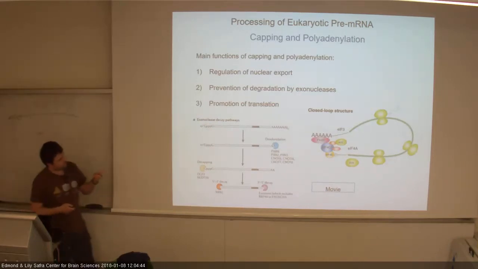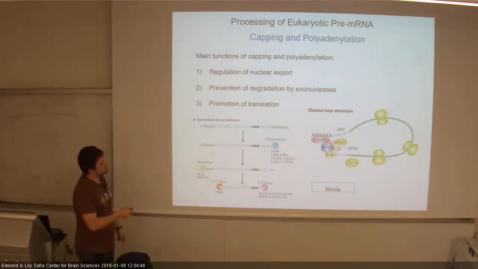One of the things that's important for translation is that when an mRNA is being translated, it has to form a loop, and this loop is mediated by enzymes that bind the 5 prime end and also bind the poly-A tail. So if a molecule doesn't have a poly-A tail or a 5 prime cap, it will not be translated in general.